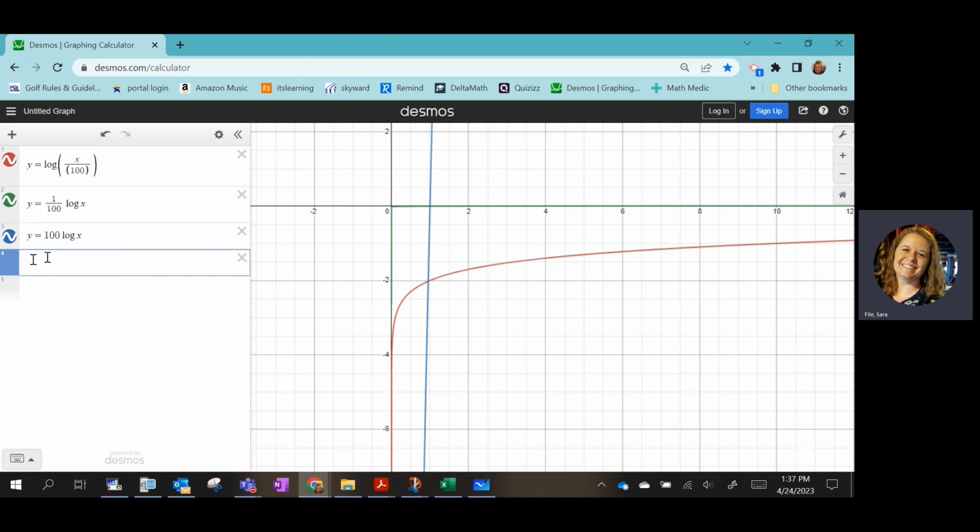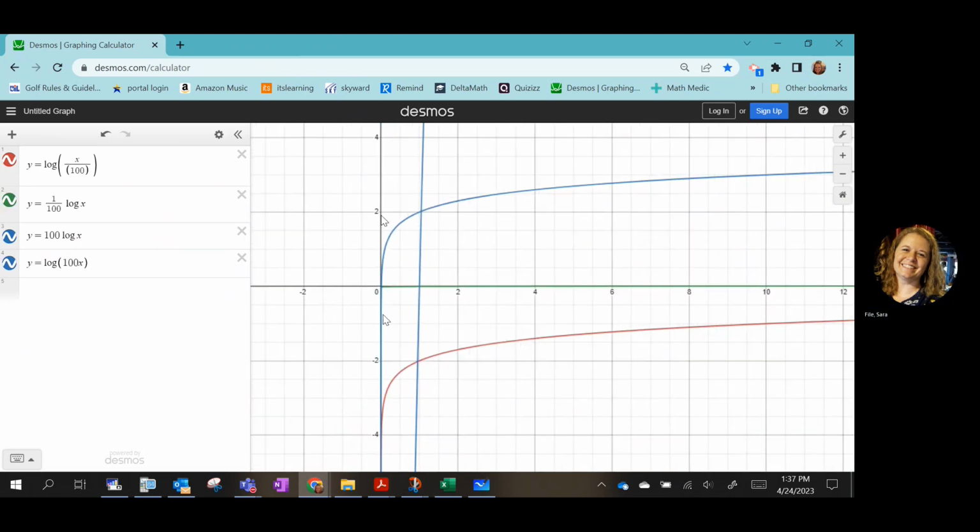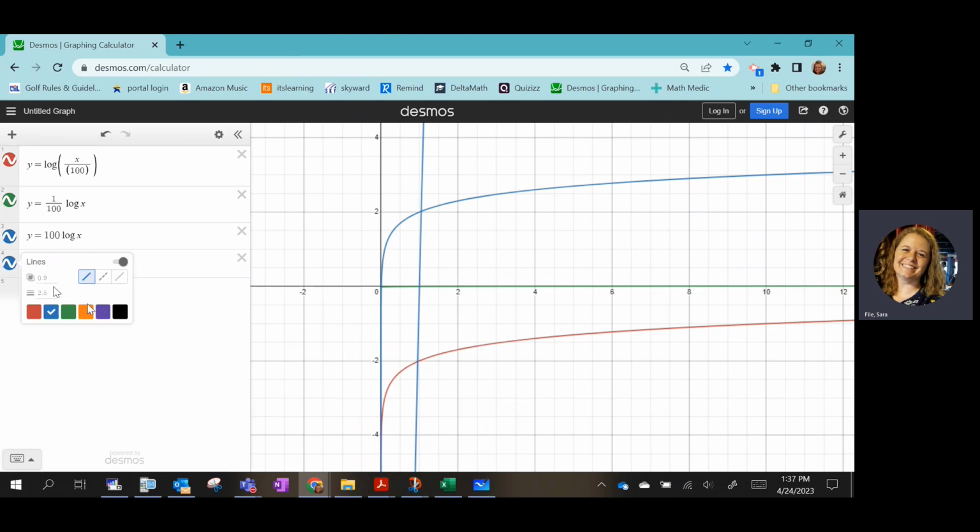Yes. Here, I'll add the other, so this would be log of 100 times x. So we can see all of them, you can see the green one. Let me change the color on this one. Make that purple, I guess.